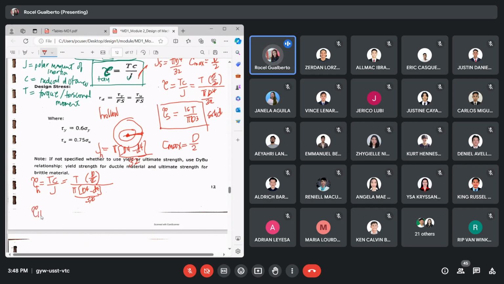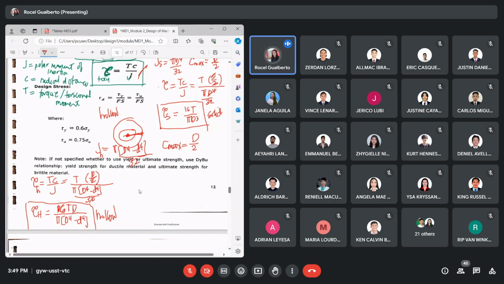Your tau of hollow would be equal to 16 TD over pi quantity D to the fourth minus d to the fourth. So, ito ngayon po yung gagamitin na natin. Instead of TC over J, if we know that the shaft is hollow, ito na po yung ating magiging equation. These two po, these are your induced stresses now.